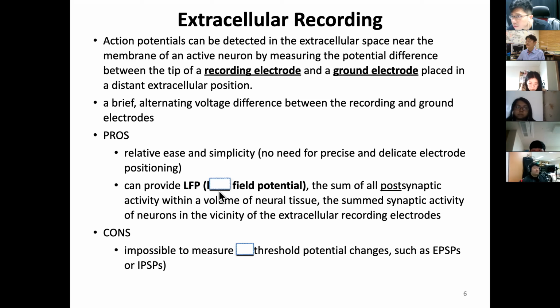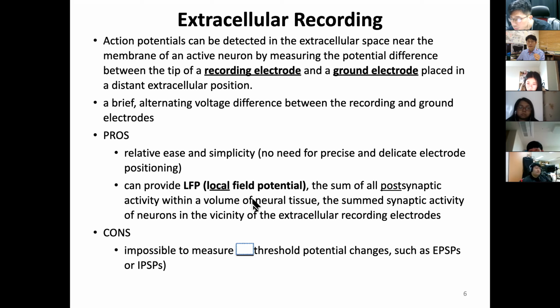Local field potential. Exactly, local field potential. For this extracellular recording case, what we are measuring is the sum of all postsynaptic activity within the volume of neural tissue, the synaptic activity of neurons near the extracellular recording electrode.